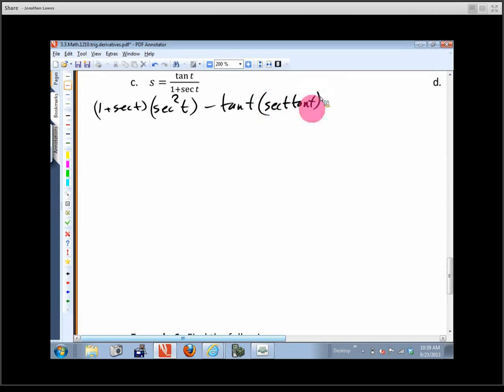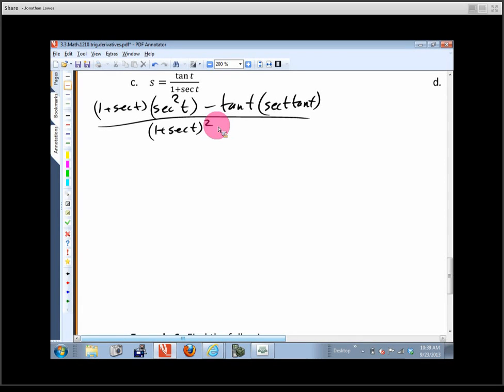Do you see anything? I mean, we could just blindly go through and multiply through, but is there anything that we might want to do here? I've got a factor of 1 plus secant t. It would be cool if I could cancel that there. I can't. Okay, it's part of a term. It's not a factor all by itself.